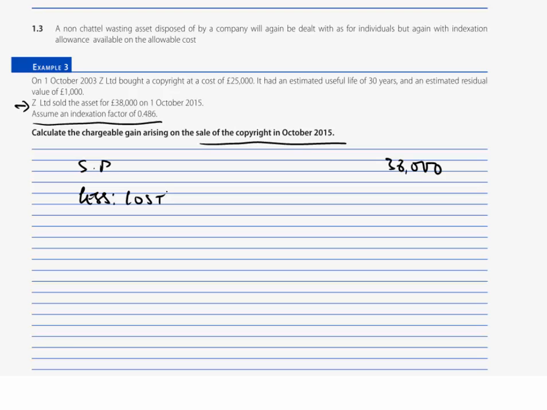Now, our allowable calculation here of cost is based on what was the original cost that we had bought a copyright at a cost of £25,000. Cost £25,000.